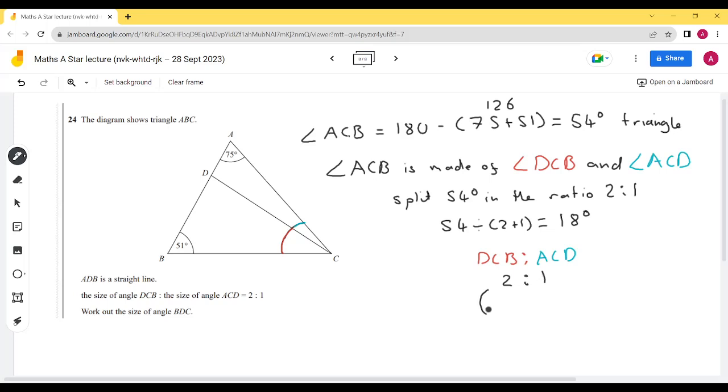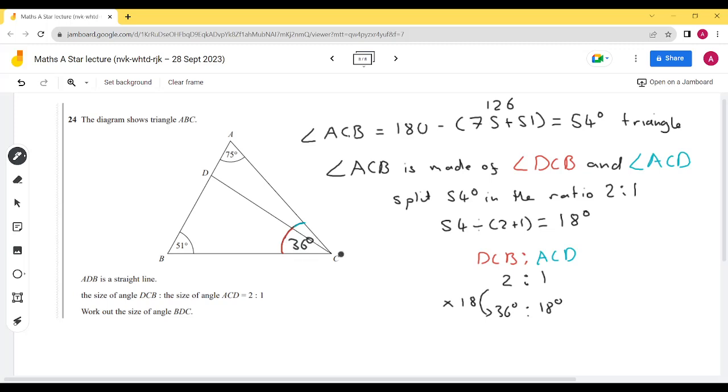We now know the scaling factor, which is times by 18. And so it's 36 degrees to 18 degrees. And the angle we want here, DCB, is 36 degrees.